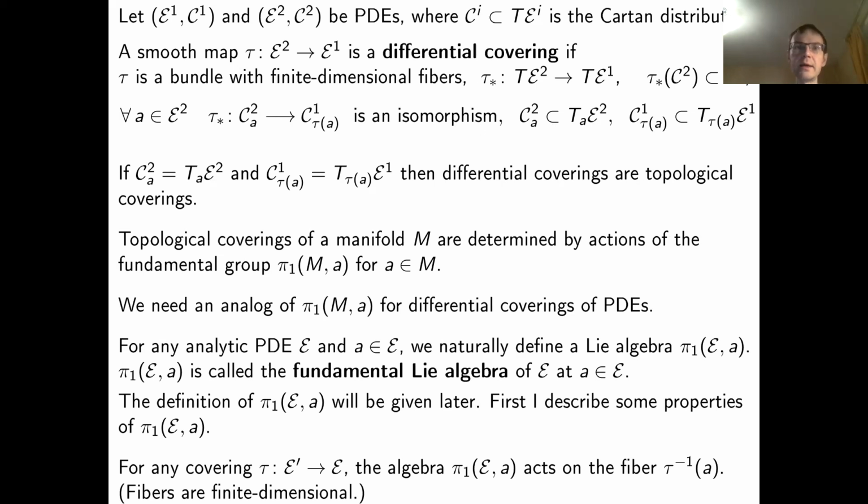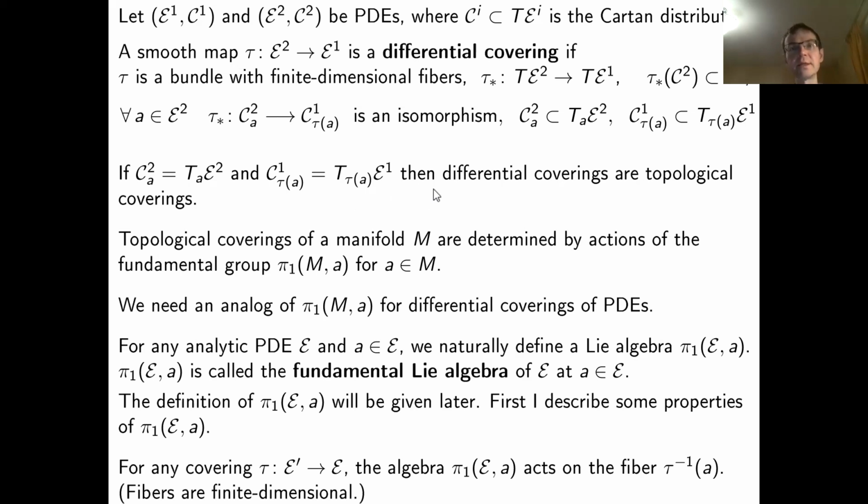Now, why do we use the word covering? Why did Vinogradov, who introduced this definition, call such maps coverings? The reason is that they are a generalization of classical topological coverings. Namely, let us consider the degenerate case when the Cartan distribution is the whole tangent bundle.